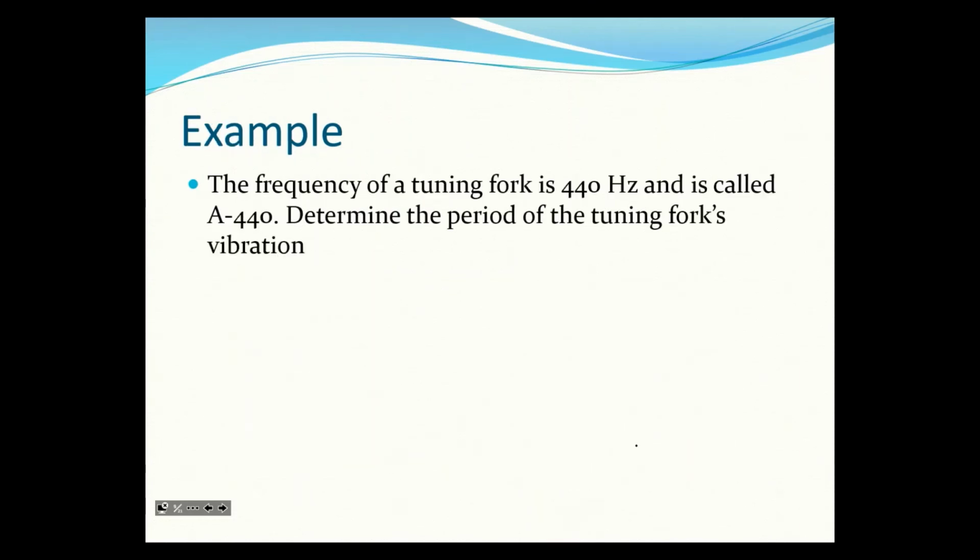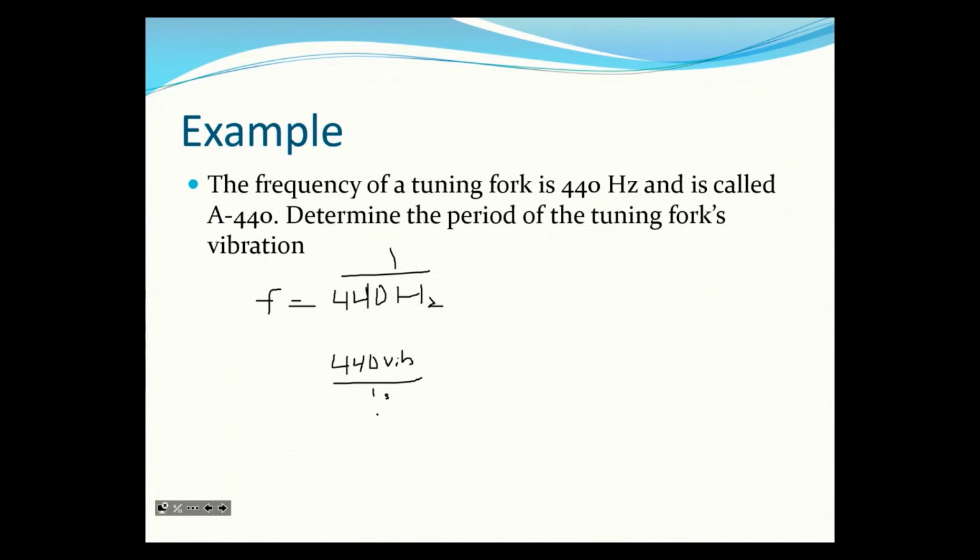Okay, the frequency of a tuning fork is 440 hertz. It's called A440, so this is an A note. Determine the period of the tuning fork's vibration. So this one's really easy. If your frequency is 440 hertz and you want to find the period, you just go 1 over it, right? And what 440 hertz means is it does 440 vibrations, it vibrates back and forth every second, so a lot of vibrations.